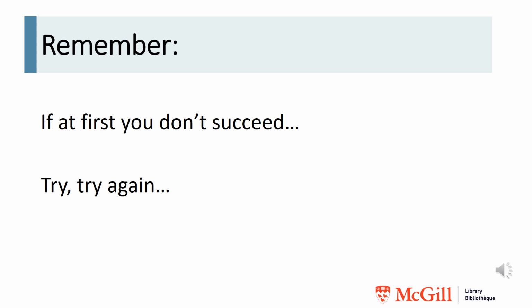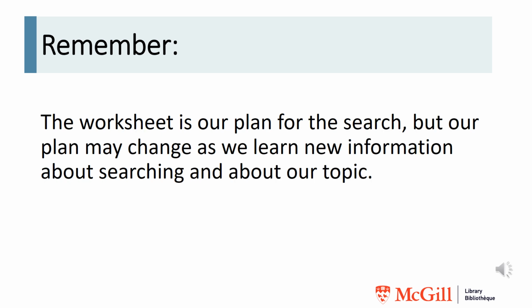The databases are smart, but they're not always able to map to the concept right away. And if you type in a different word, you may find that you have better luck. And as I said before, this is just our plan, and our plan may change as we learn new information about searching and about our topic.